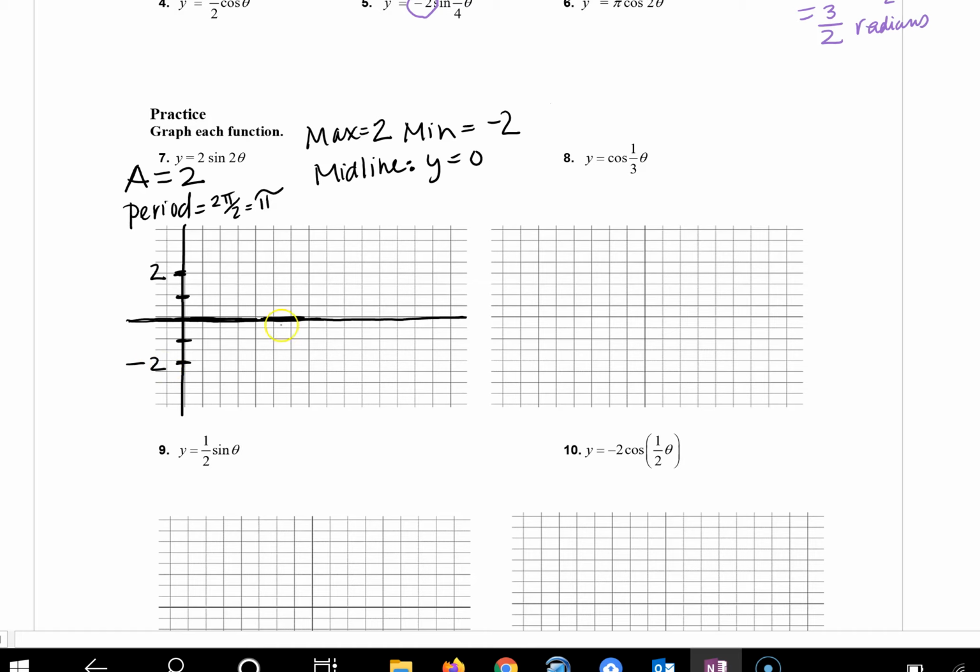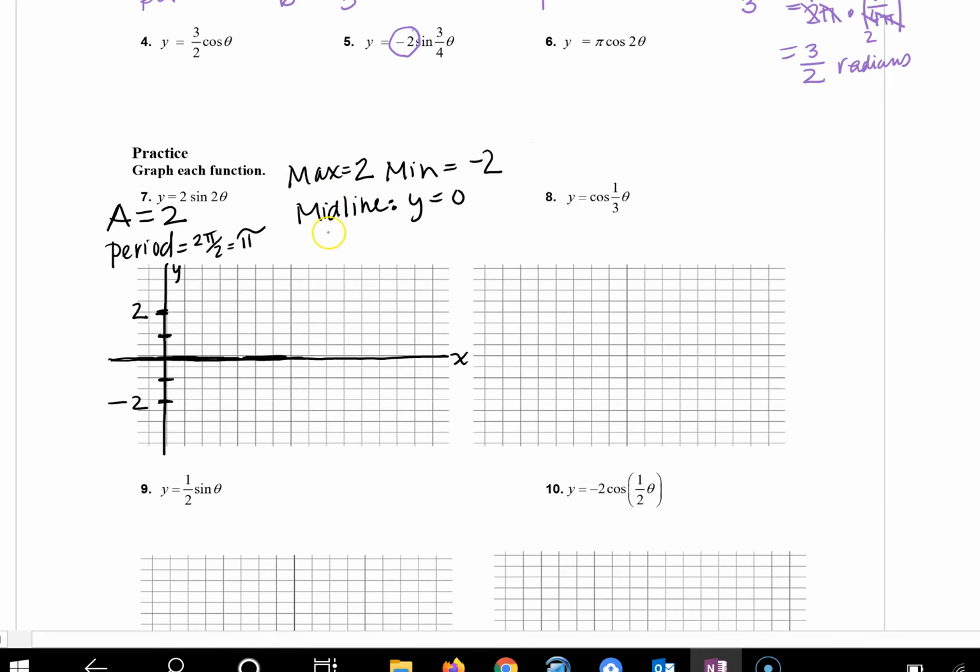Okay, now I have to figure out what tick marks I want to put on my x-axis. So with that in mind, I'm going to calculate what 1/4 of the period is. So 1/4 of the period would be 1/4 of pi, which will be pi over 4. That means I'm going to count by 1/4 of a pi.